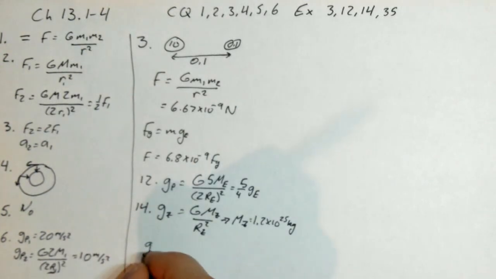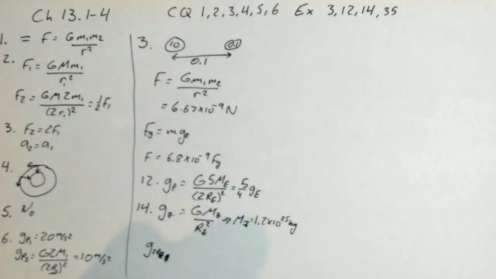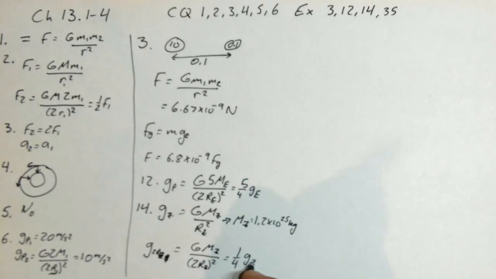So g at 2R, at planet Z, not Earth, I apologize. We just plug in G m_Z over (2R_Z) squared. We end up with 1/4 of what we had before, which was 8. So 8 over 4 gives us 2 meters per second squared.